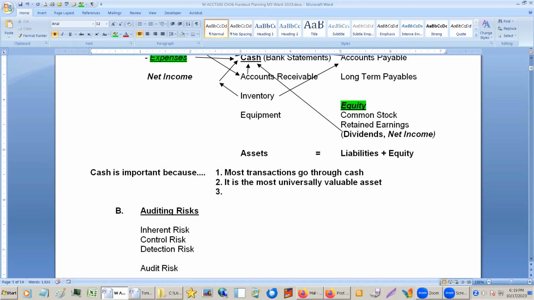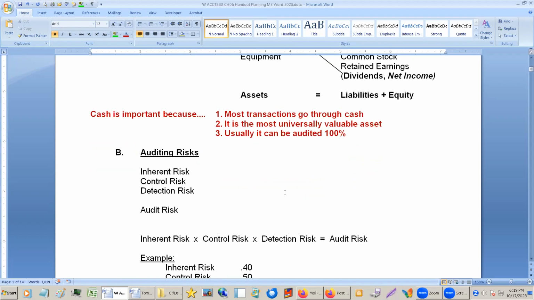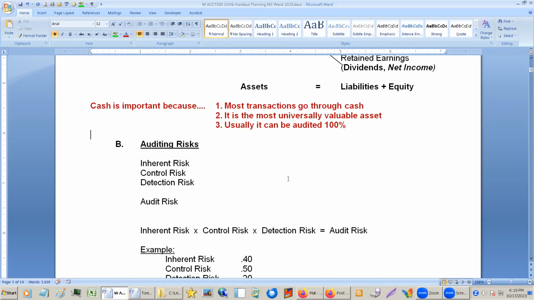And three, usually we audited 100%. So this is why cash is important. Most transactions go through cash. It is the most universally valuable asset, and maybe the most at risk, a higher risk than most.